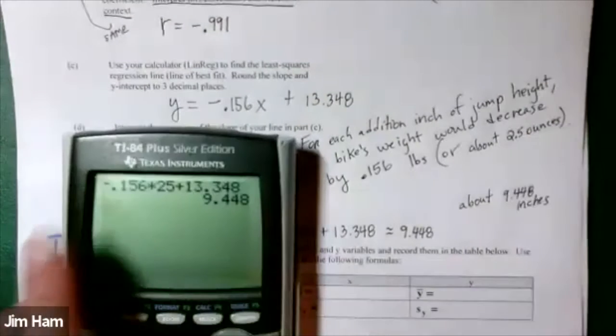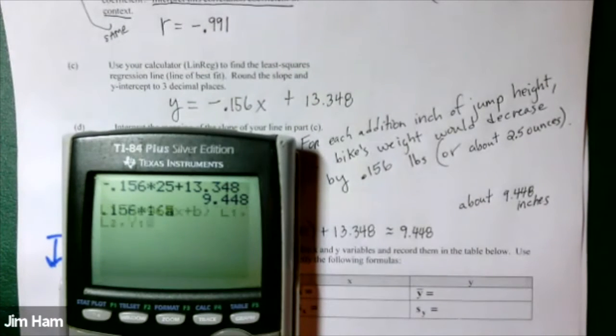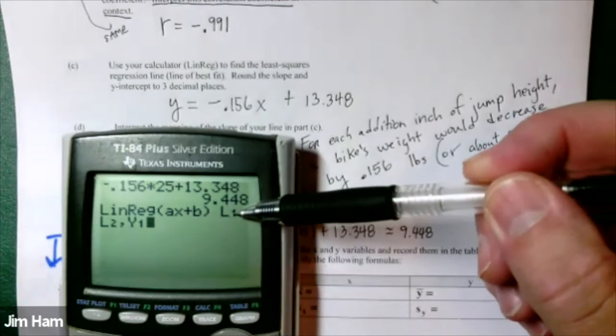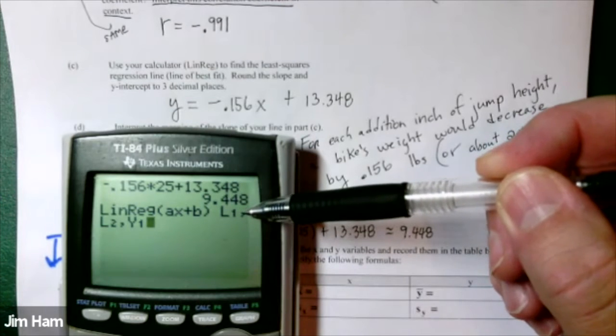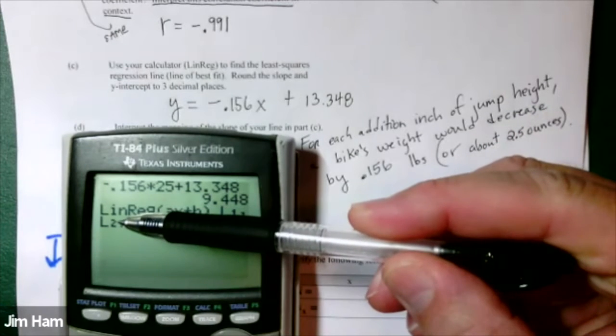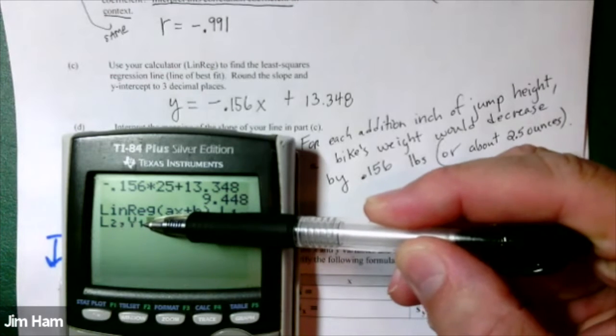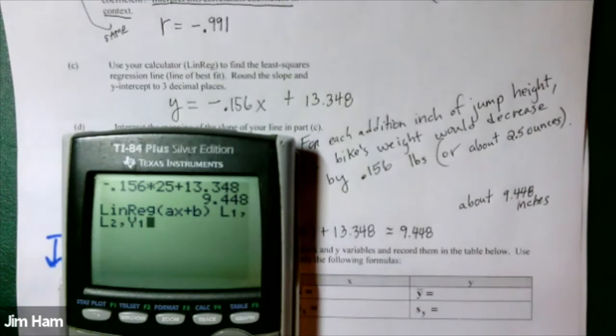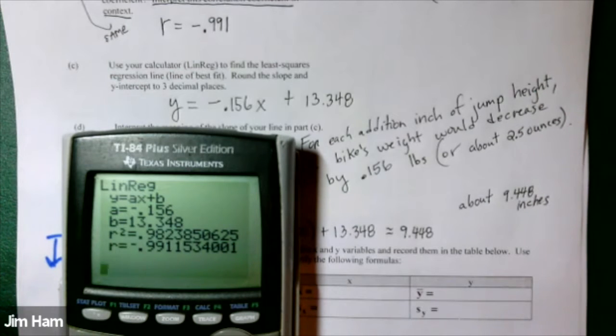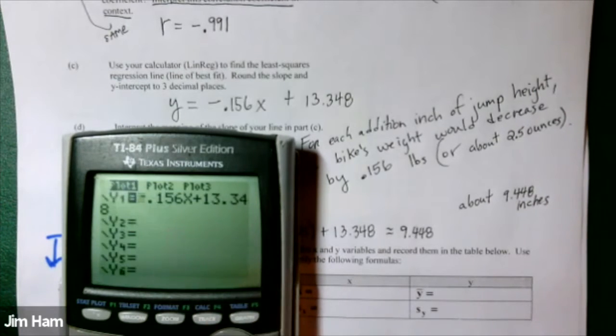And if you want to type it all in together, you can put linear regression. L1 is your X list. L2 is your Y list. You can leave the frequency list blank, but if you want to put Y1 into the regression equation, when you execute this it gives you the same output, but it also puts the regression equation into Y1, so you don't have to do that.